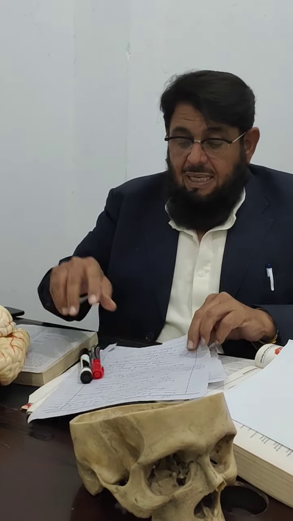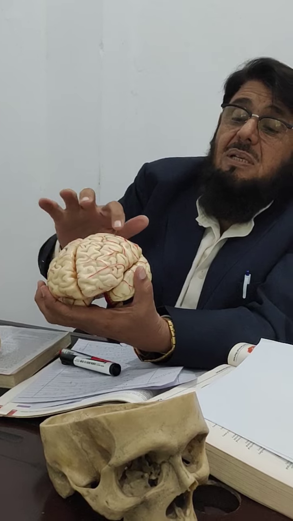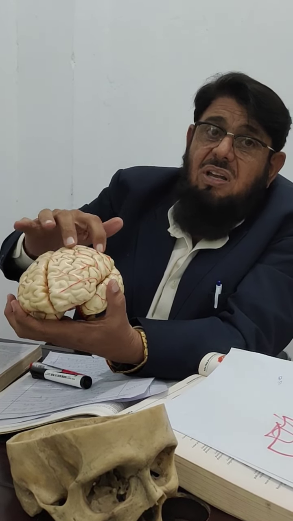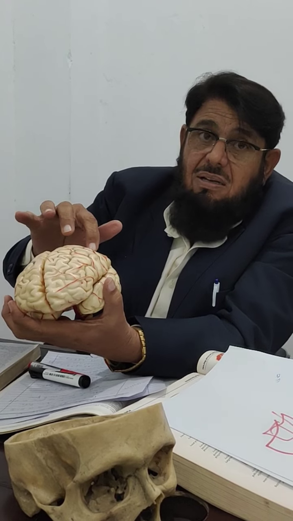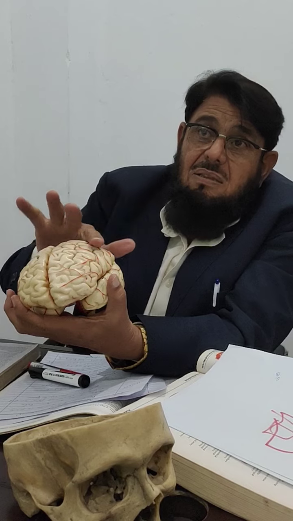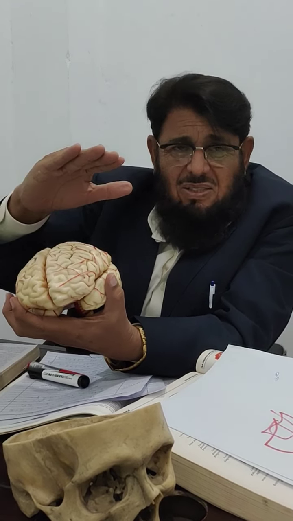Okay, then there are some other facts. Look, the big arteries which are present on the surface of the brain do anastomose across the sulci and gyri with one another at the arteriolar level. But this anastomosis is also very sparse.